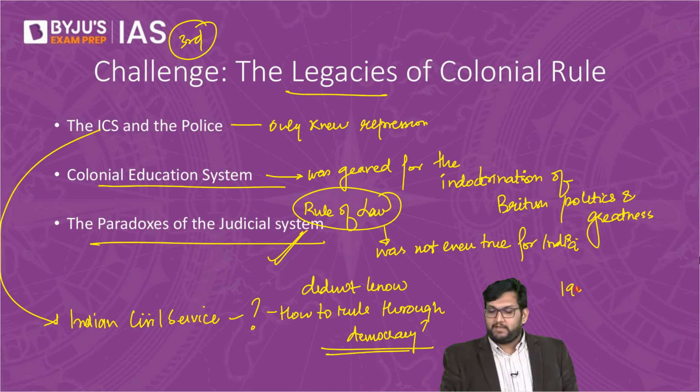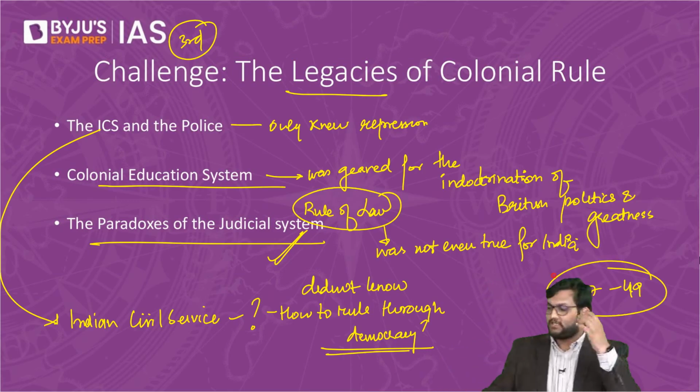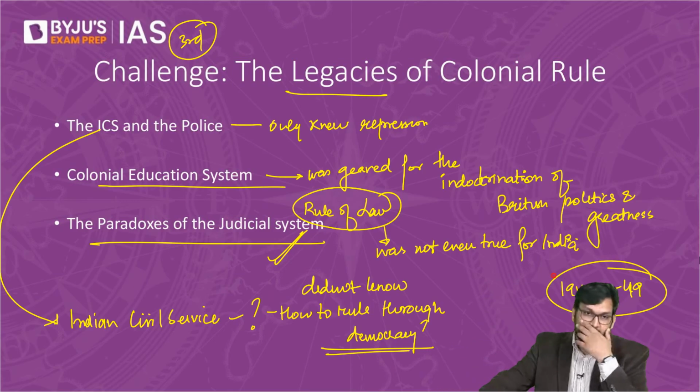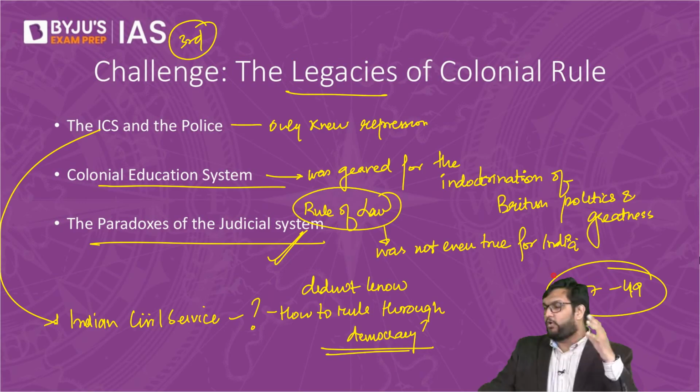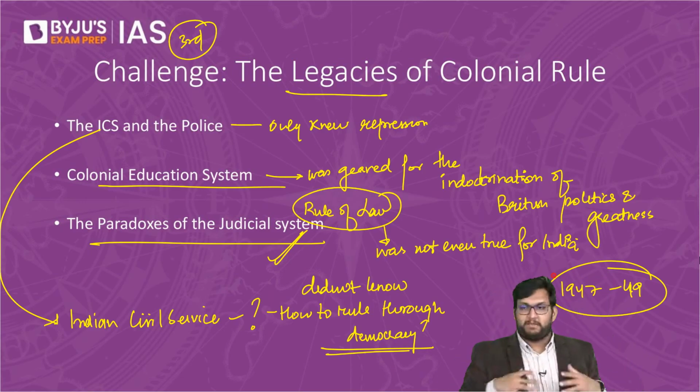Between 1947 and 49, till the constitution is written, the whole structure is Government of India Act 1935. And Government of India Act 1935 concentrates all power in only one person, which is Governor General. And the ICS, the whole institutions, the whole sector is made in such a way that basically it is only there for the British to rule. You need to understand this.